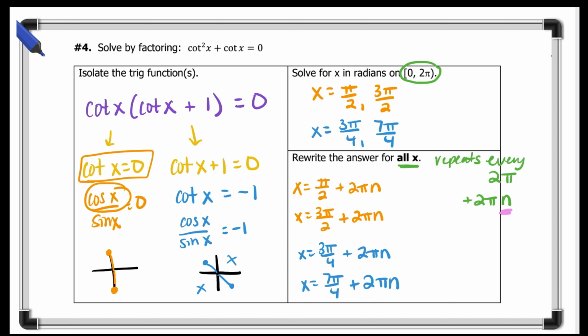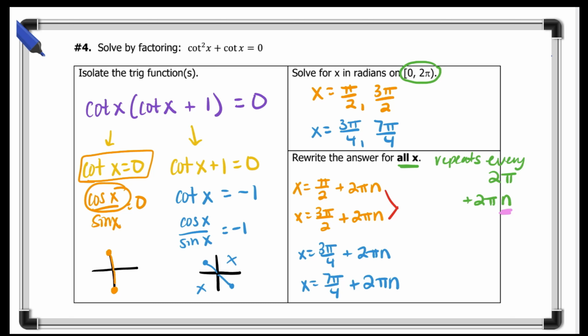There is another way that you can write your answers. Let's look at the first two answers in orange, for when your cotangent is equal to 0. You got your two answers of pi over 2 and 3 pi over 2. But remember that these angles are actually 180 degrees, or pi radians, apart.